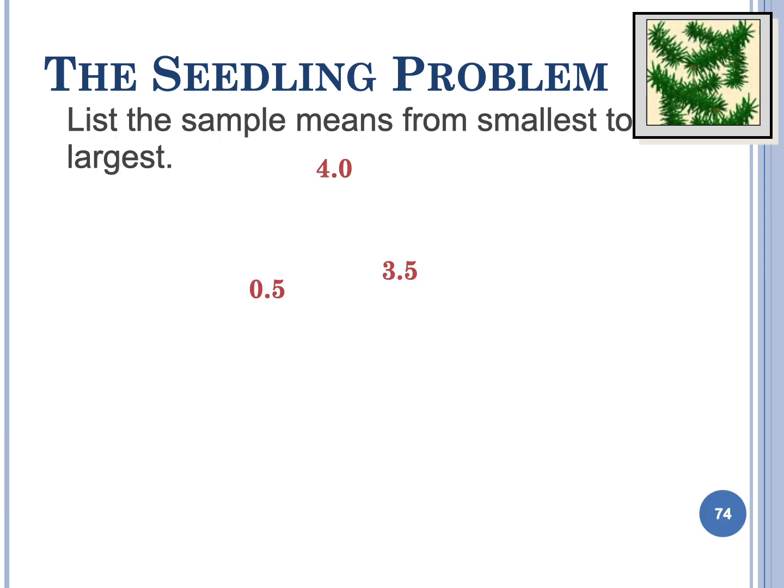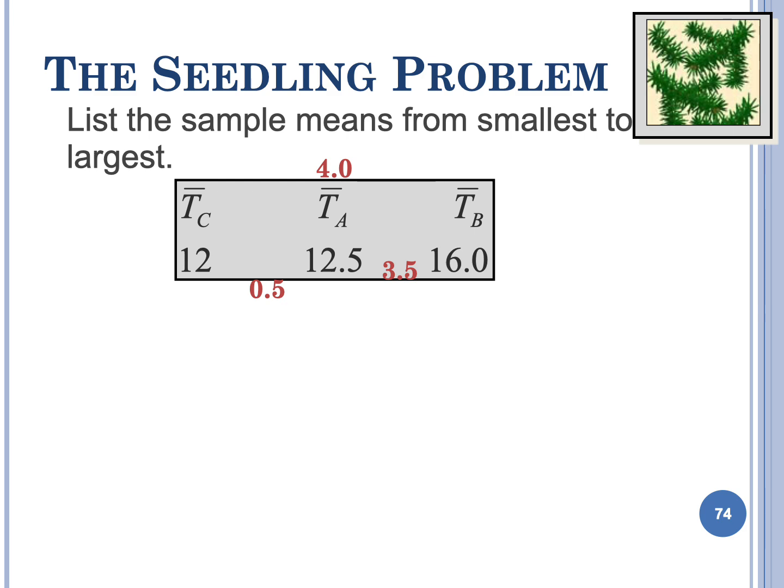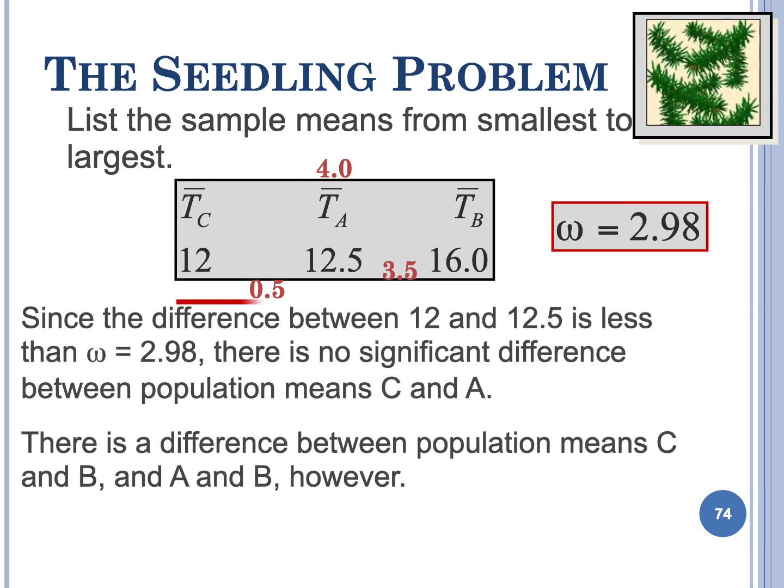Now, because the margin of error is 2.98, we can compare the pairwise treatment differences and see if the difference is larger than the margin of error.